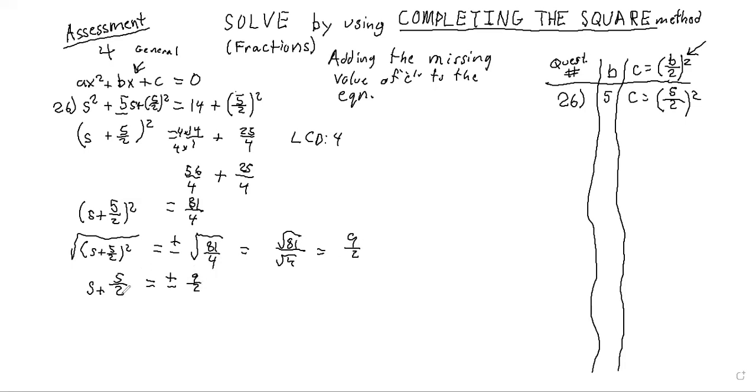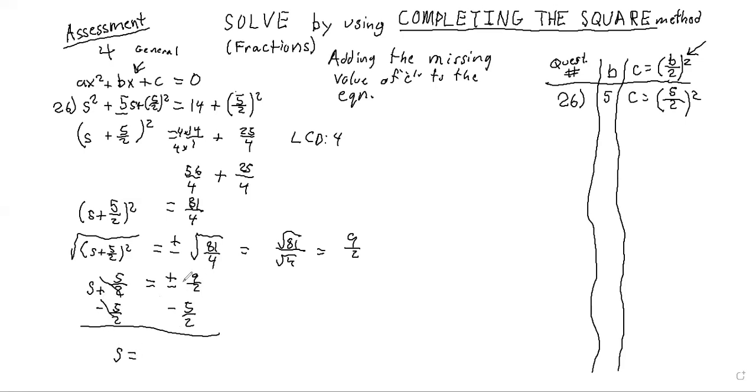Now we go ahead and solve this. We look again at the variable side of the equal sign, and whatever operation is being done, we're adding 5/2, so we're going to subtract 5/2. Whatever operation we do on one side of the equal sign, we do the same on the other. So we subtract 5/2 from the other side as well. Plus and minus 5/2 cancel out. We get S equals.